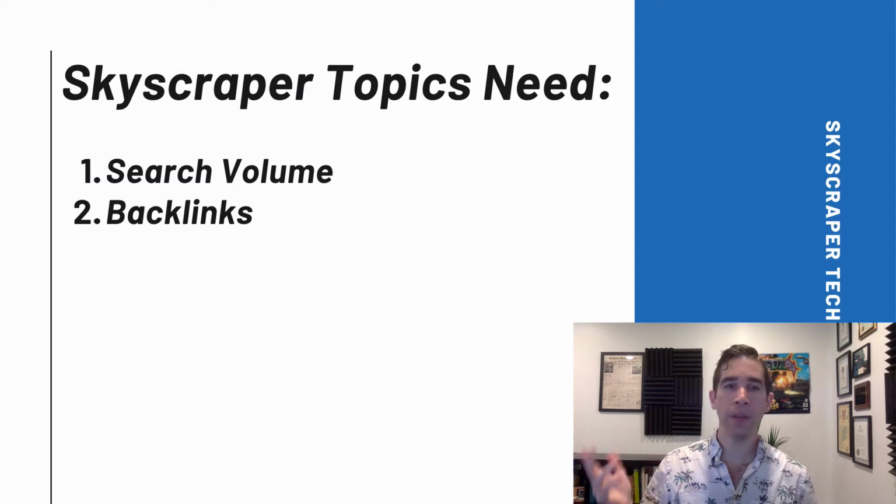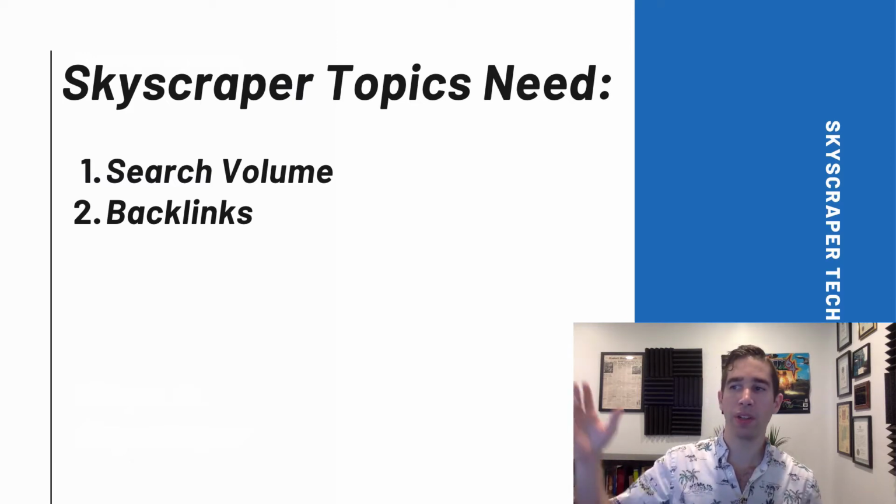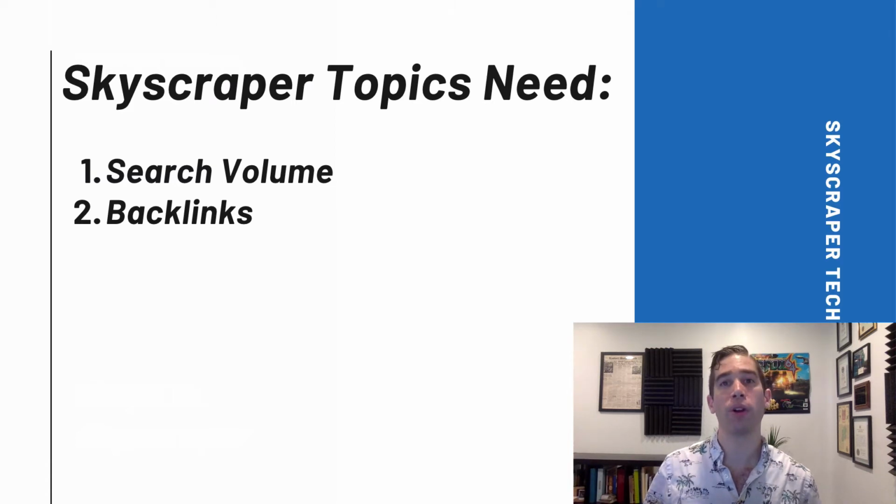And if there are not many referring domains and backlinks to the top-ranked post on your given topic, then you don't have a lot of opportunities for outreach. If only one or two links are going to your top-ranked post, you only have one or two people to reach out to, and the fewer people you have to reach out to, the fewer links you're probably going to be able to get.